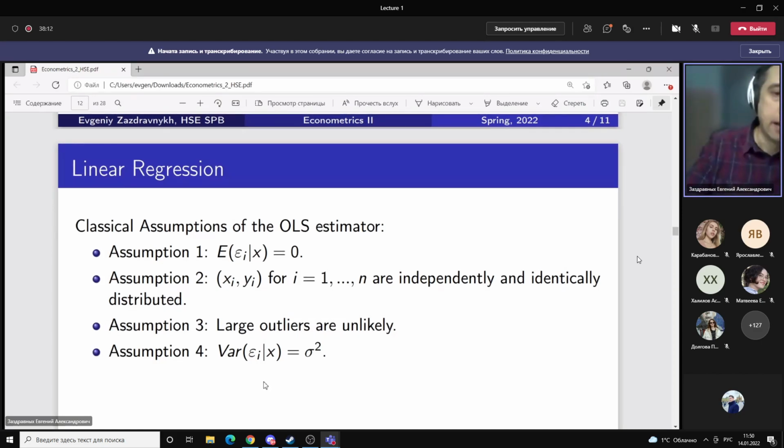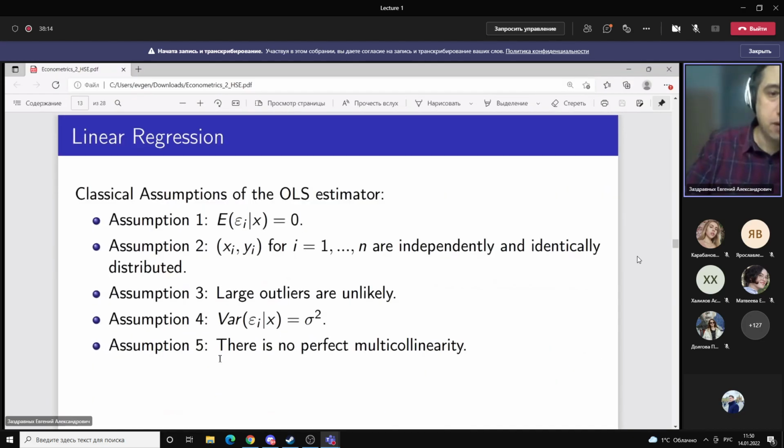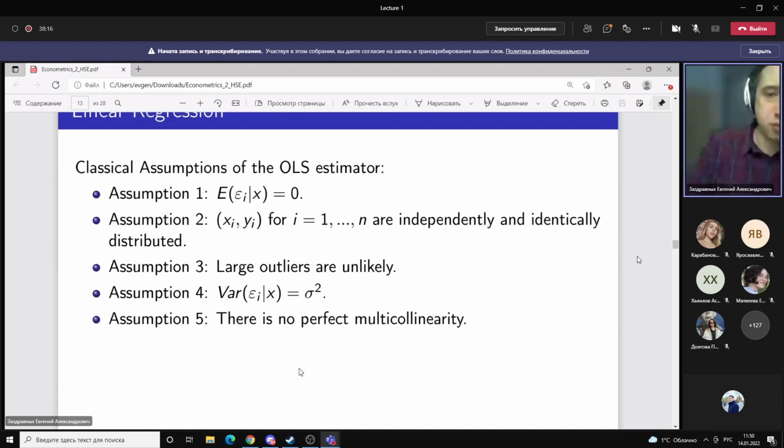Another important assumption is that there is no perfect multicollinearity. If you have a perfect multicollinearity problem, you cannot estimate your regression, as you cannot obtain your regression parameters, and usually statistical packages automatically fix a problem of perfect multicollinearity.